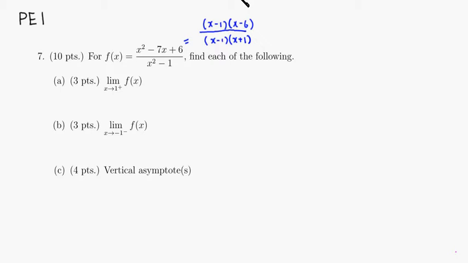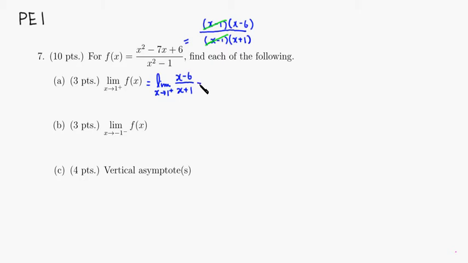Alright, then we're going to take the limit. Before we take the limit, actually, we can cancel those common factors. So cancel those out. Then the limit as x approaches 1 from the right of x minus 6 over x plus 1.